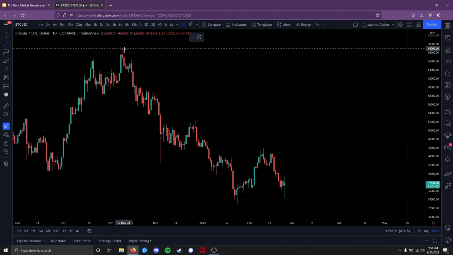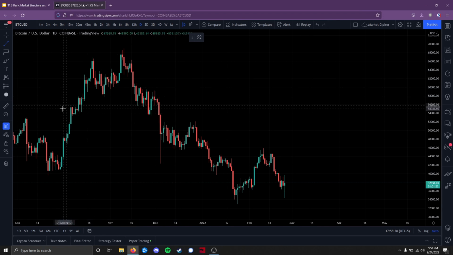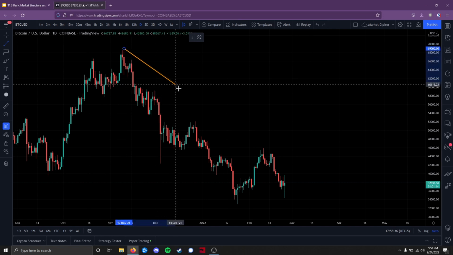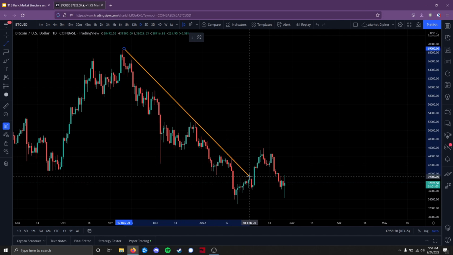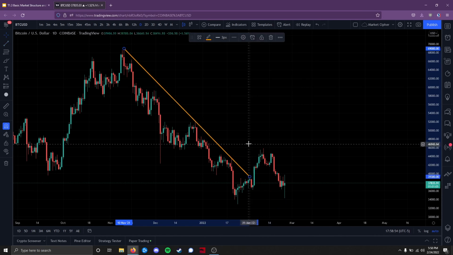What I'm looking for is to connect the high of a cycle. We can consider this a swing high. So we can click on here and connect this high to a lower high in regards to our downtrend, right? So let's say we drop this here.